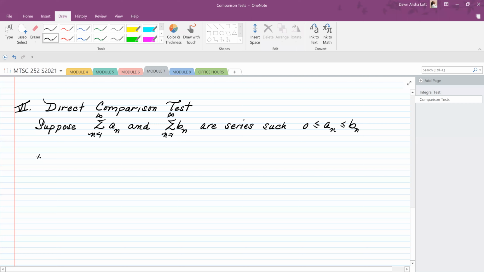One, if the bigger series converges, then the smaller one has to. So if the summation n equals 1 to infinity of b_n converges, then the summation n equals 1 to infinity of a_n has to converge as well.